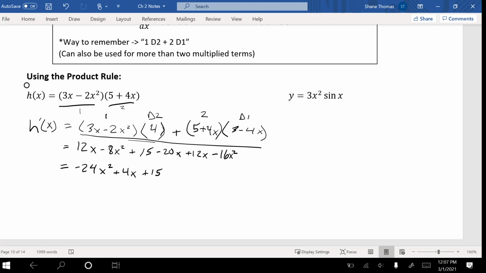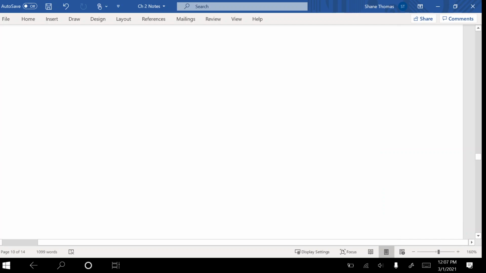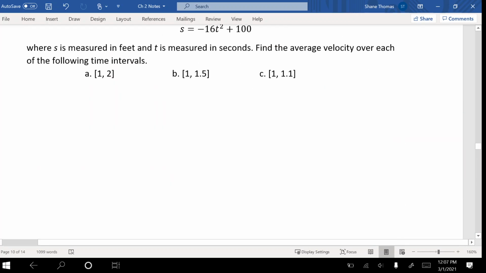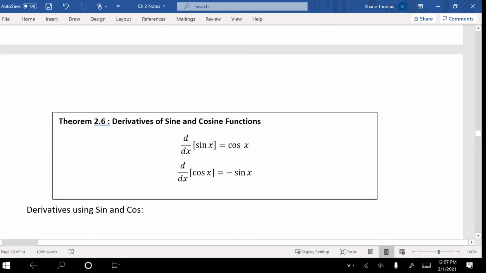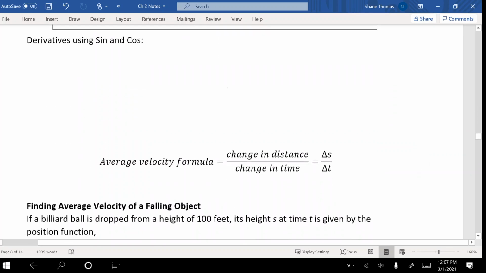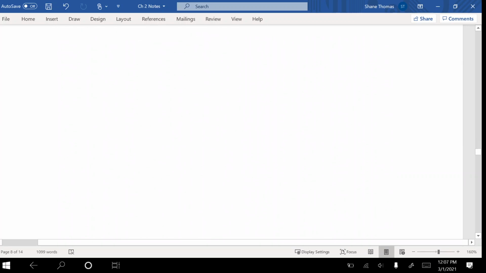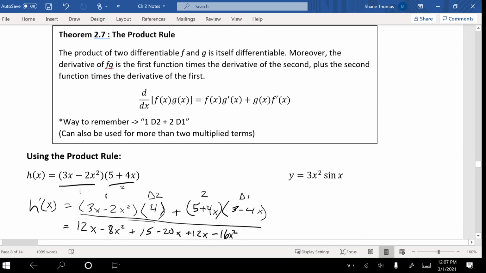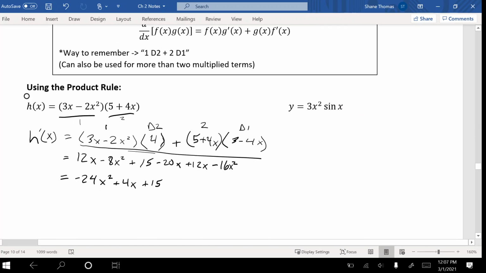All right, that's fine. Sine, let's flash back real quick: the derivative of sine is cosine, and the derivative of cosine is negative sine. Now the other thing you can do, I've seen some people do this, I don't love it, is come over here and say D1 is this, D2 is this, just write off to the side what the derivatives are.